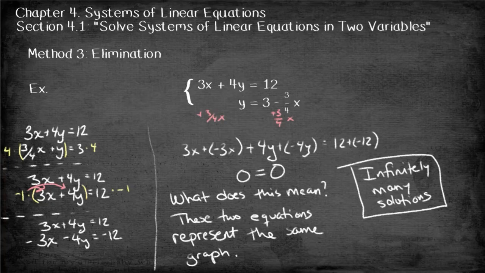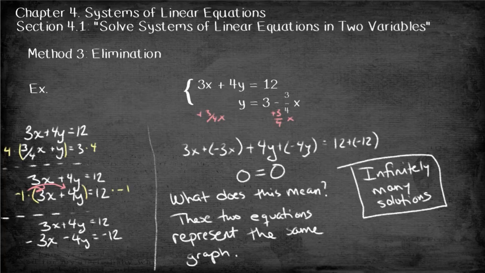And the other case would be if you end up with something like 0 equals 5, or 0 equals 2, 0 equals something other than 0. If you get an equation that is false no matter what, that means that there are no solutions. Those are kind of the three cases, right?